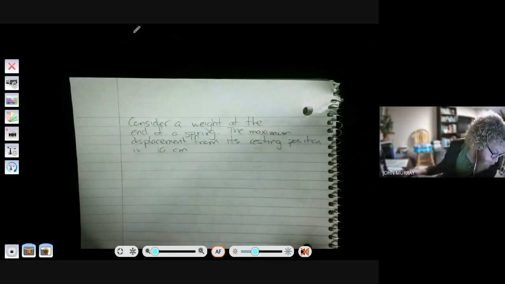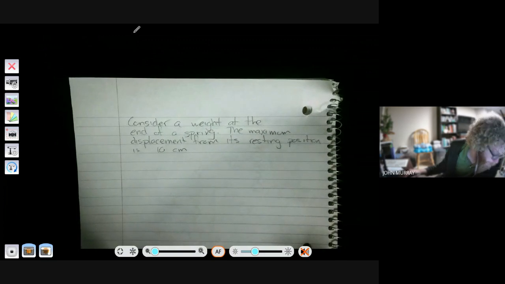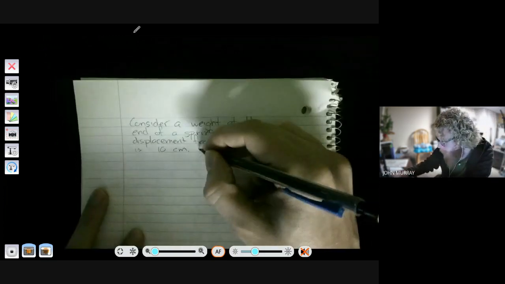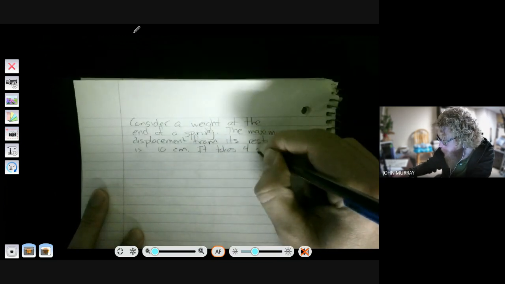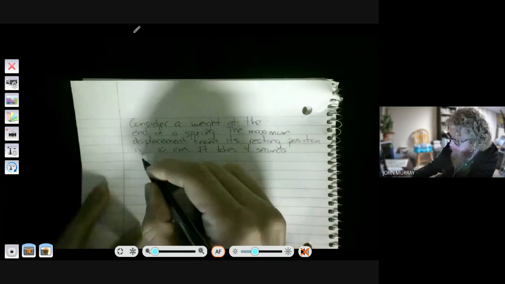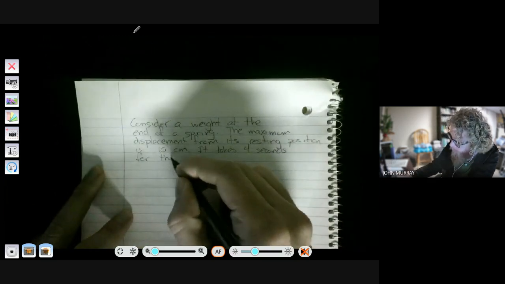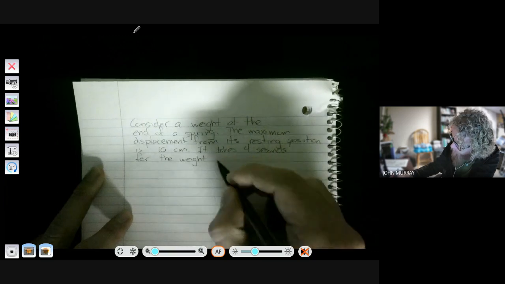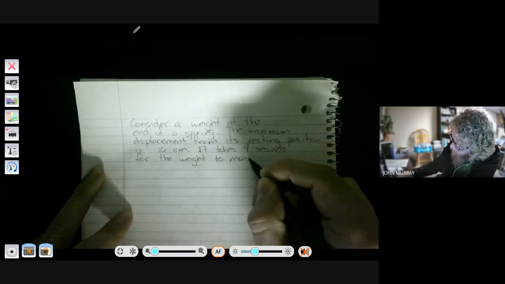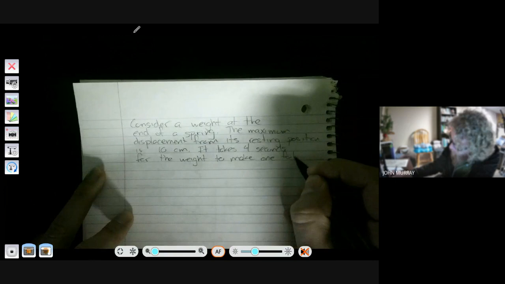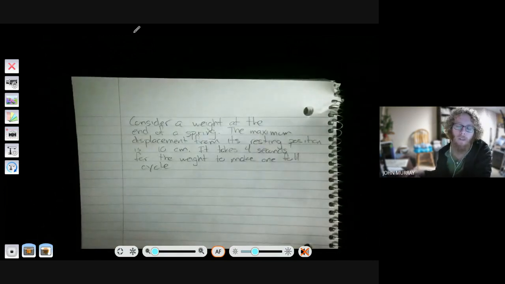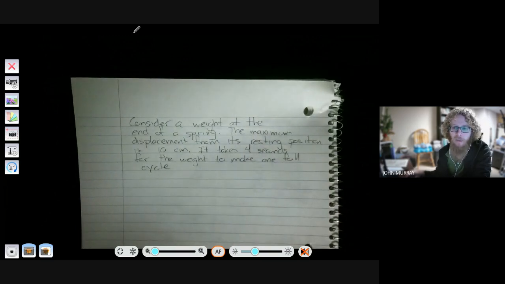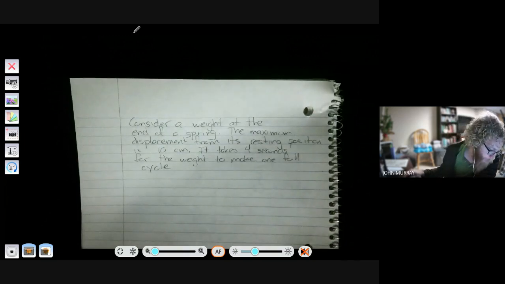We'll keep that at 10 centimeters. But now we're going to add an extra bit of information: it takes 4 seconds for the weight to make one full cycle.